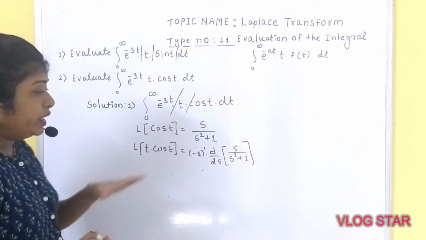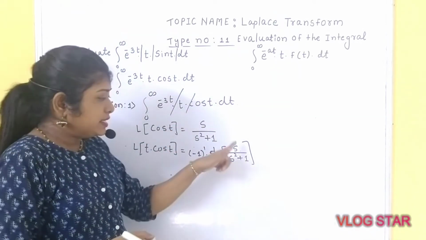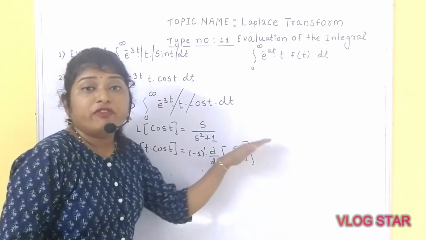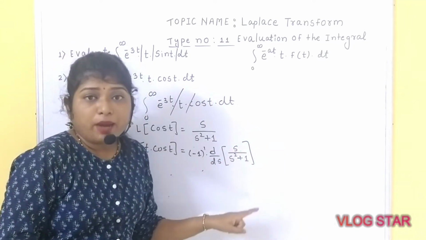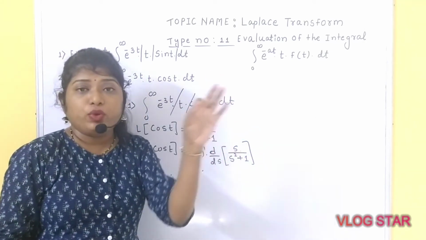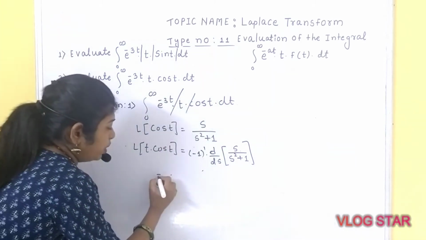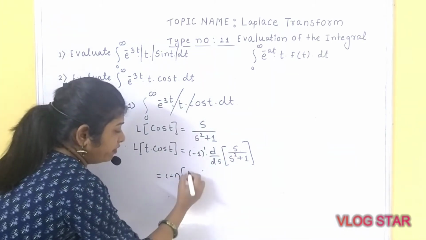So as I told you in the previous example, this is in the form of u by v. So you need to apply derivatives of u by v. So how you are going to apply derivatives of u by v?